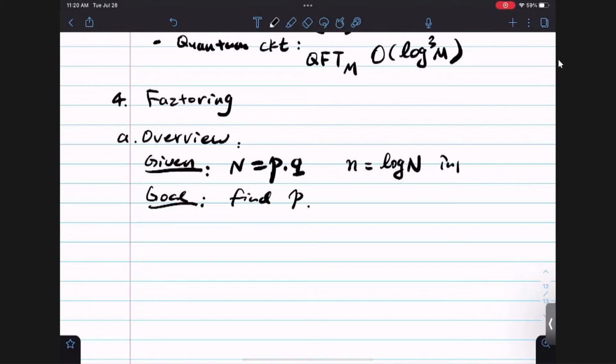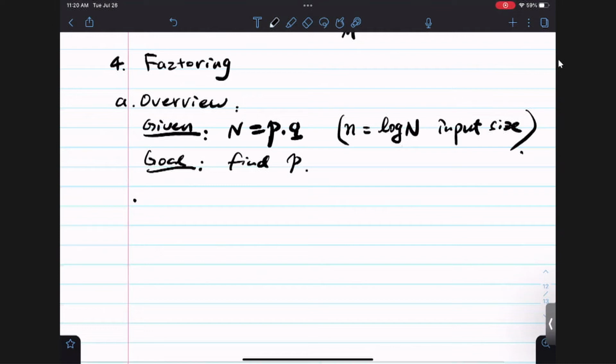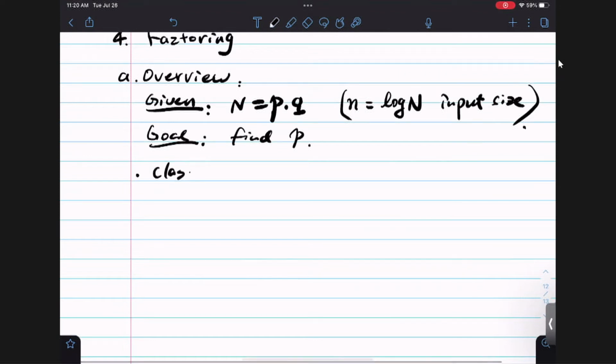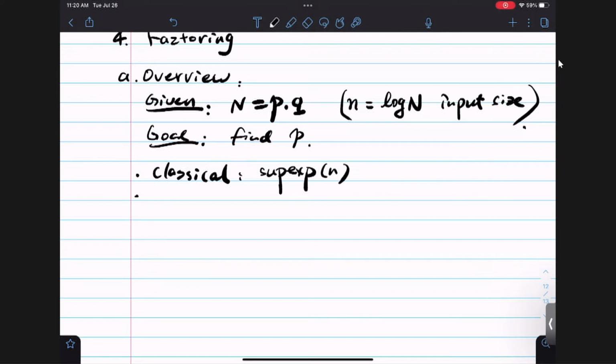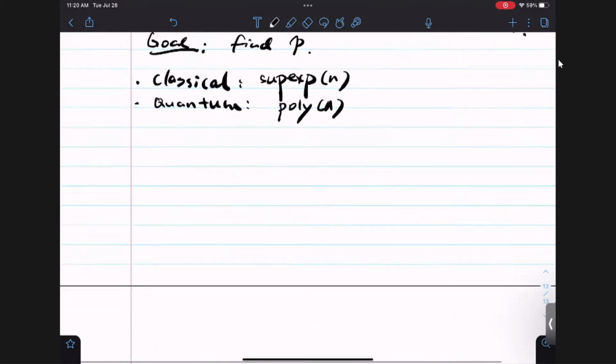So this is the input length. And this is considered a very hard problem classically, right? The best classical algorithm is based on the number field sieve, which runs in sub-exponential time in little n. And we'll see there is a quantum algorithm that can factor in time poly in n.